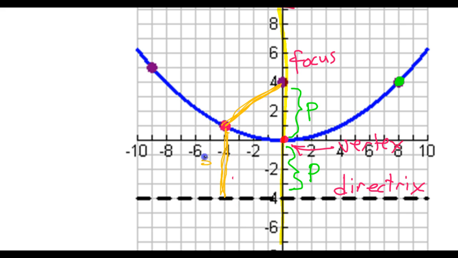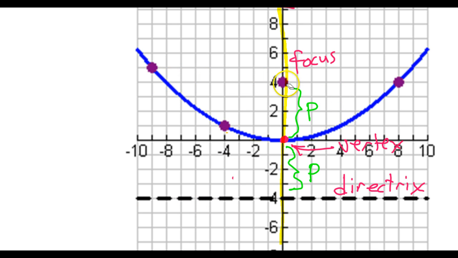If this turns out to be 5, and if I did the distance formula right here, this would also turn out to be 5. So that's what the focus and the directrix are. If you pick any point on the parabola, the distance to the focus and the distance to the directrix will be the same.